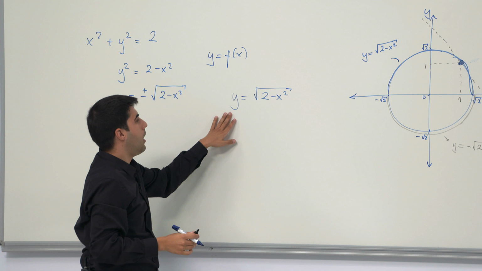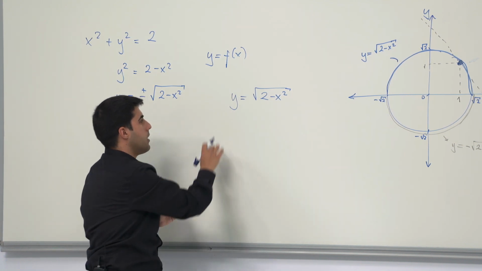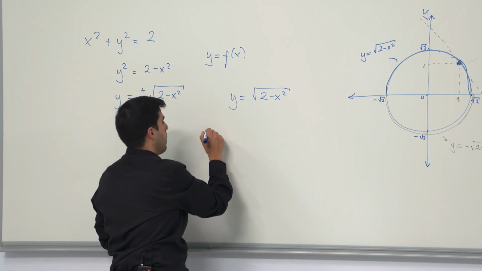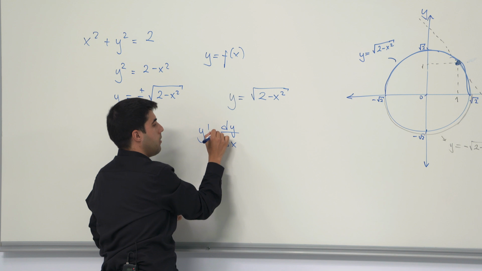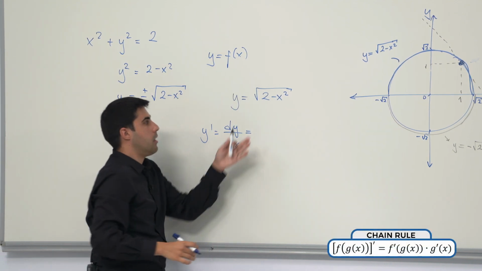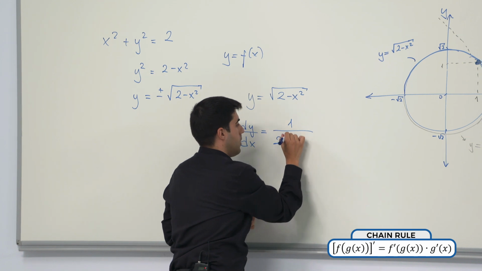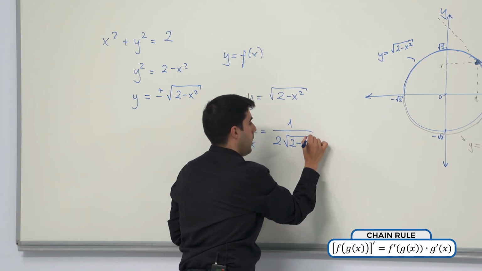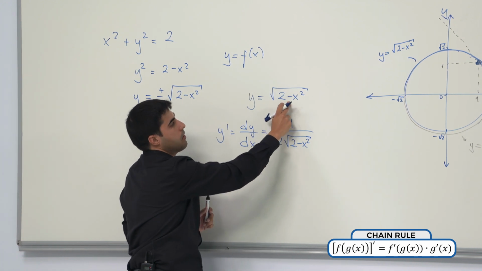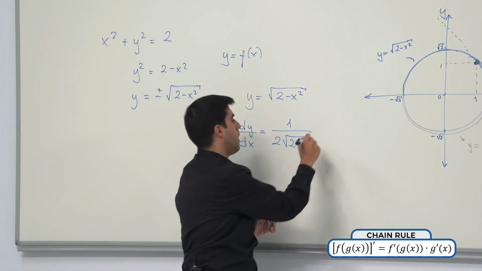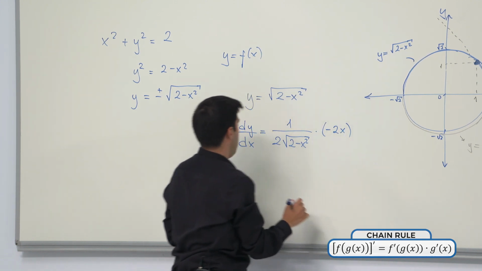And now y is explicitly expressed in terms of x. I can easily find its derivative y prime, or dy/dx, which is y prime equals the derivative of the square root, which is 1 over 2 times square root of 2 minus x squared, and using the chain rule, the derivative of the inside function, which is the derivative of 2 minus x squared, that gives us minus 2x, right?